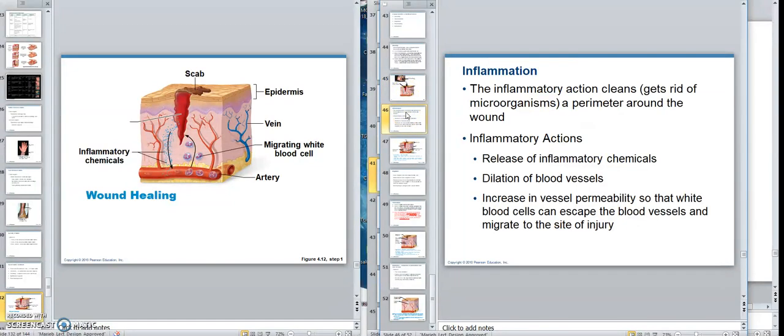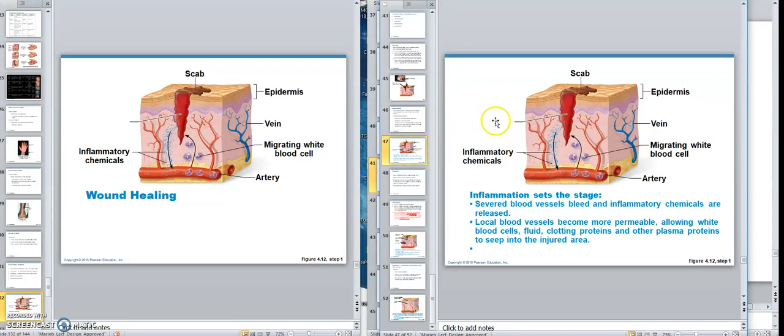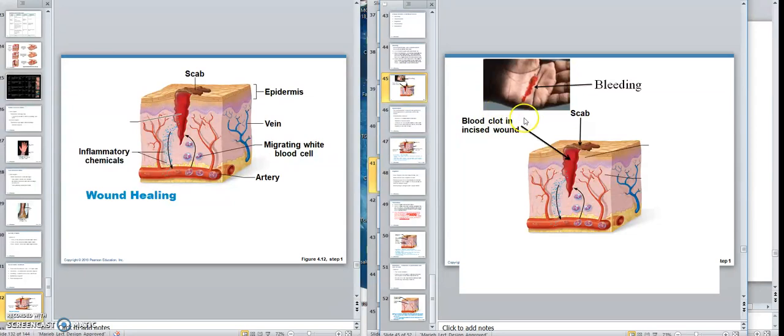You got a cut. Inflammation occurred to kind of clean off the perimeter. First thing that happened was bleeding coming in, and bleeding cleansed the wound. As long as you don't bleed too much, is good. Then the top would dry. You'd get a scab because the top would dry. So now you got this blood clot up in here and the scab.